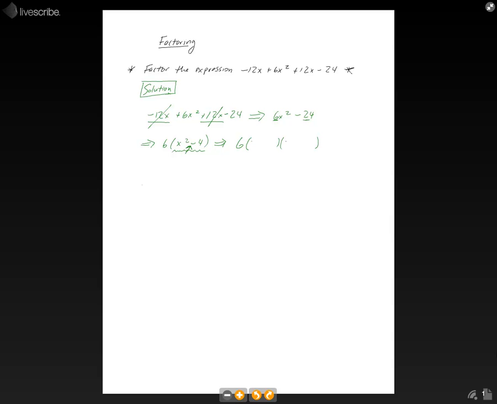When you factor an expression that has a variable to the second power, it's usually going to be of the form like I'm writing here. There's going to be x plus or minus something times another x plus or minus something. And what you want is for this number and this number, when multiplied together, to give you this number.